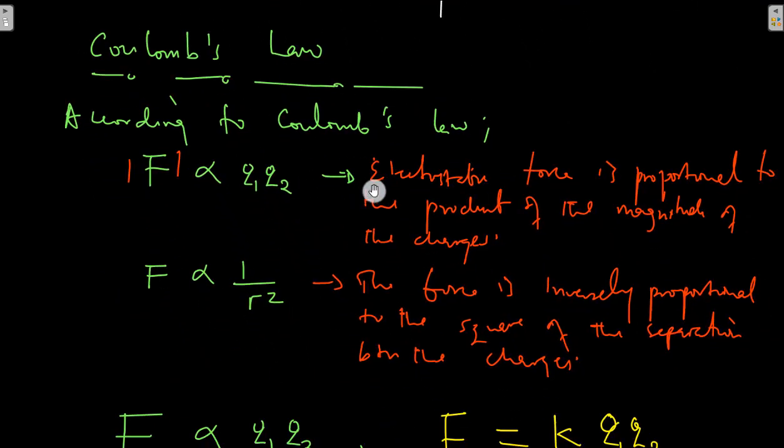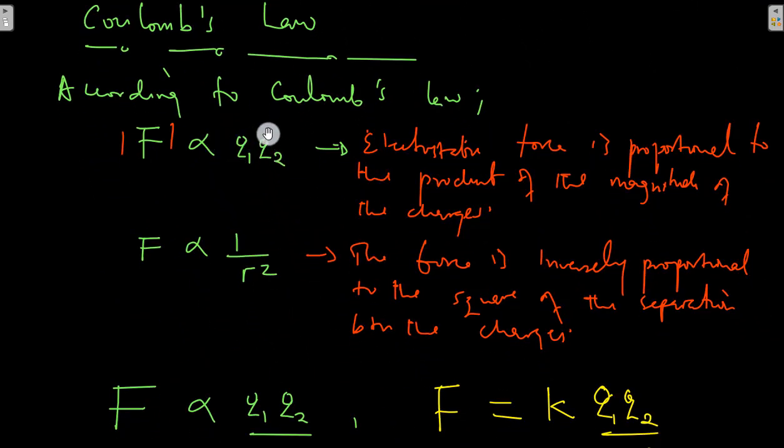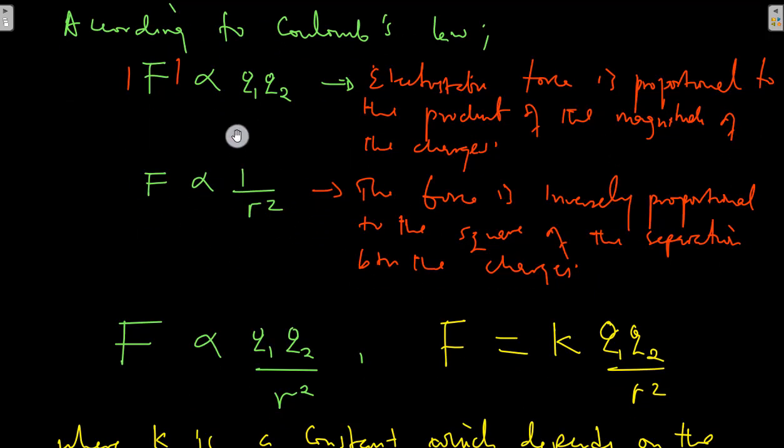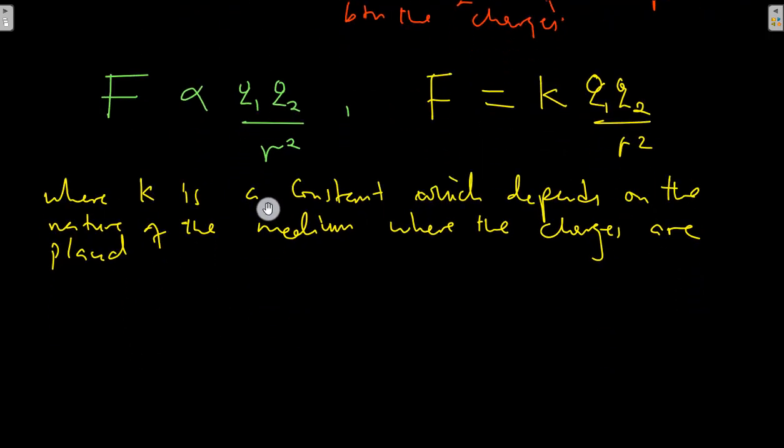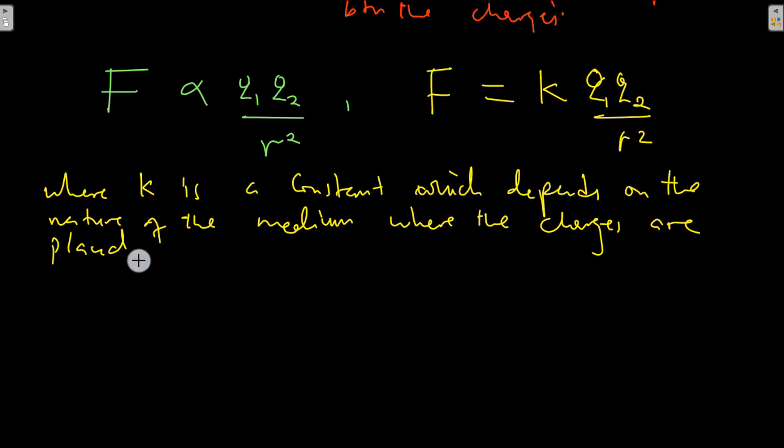So the electrostatic force depends on the product of the magnitude of the charges, and it also obeys the inverse square law, but the constant of proportionality between the force and the charges is dependent on the medium in which the charges are placed.